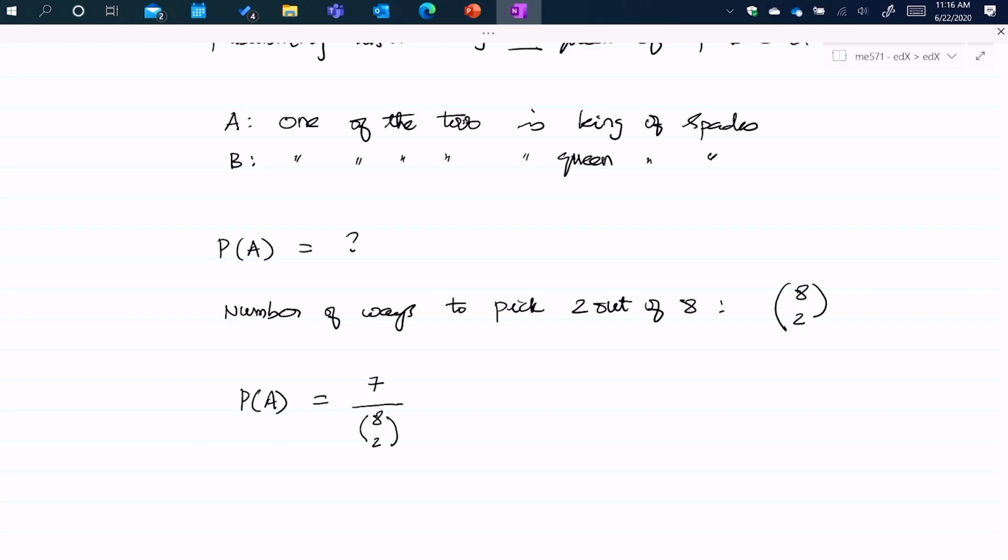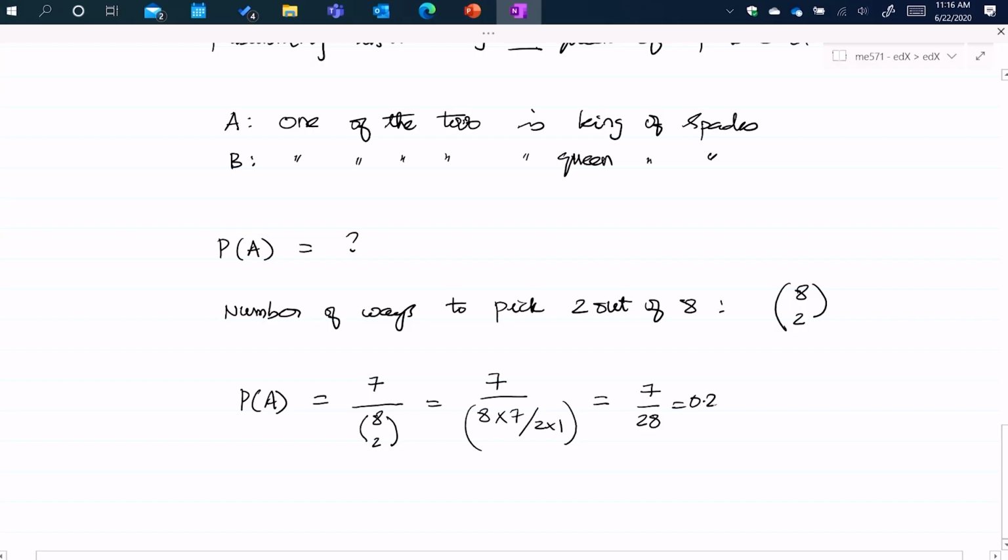That's basically 28. So that's 8 times 7 divided by 2 times 1, n factorial divided by n minus r factorial times r factorial. And so that is equal to 7 over 28.